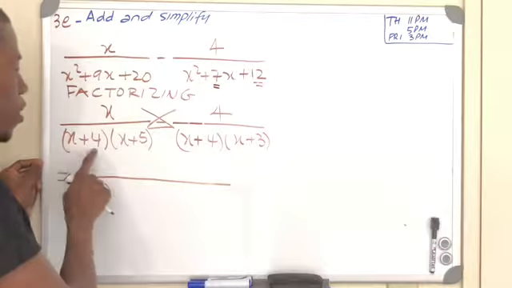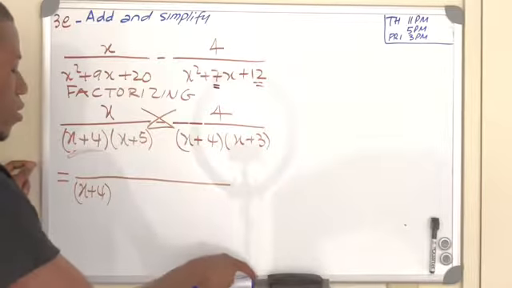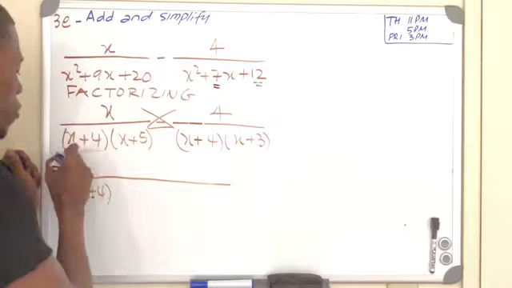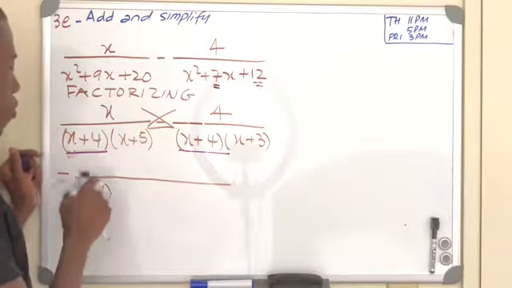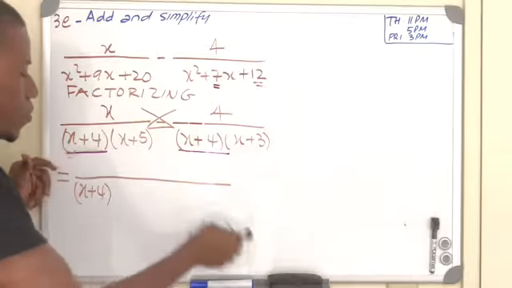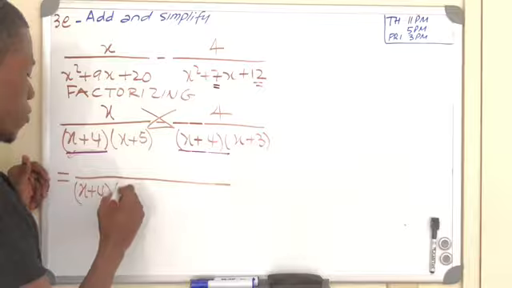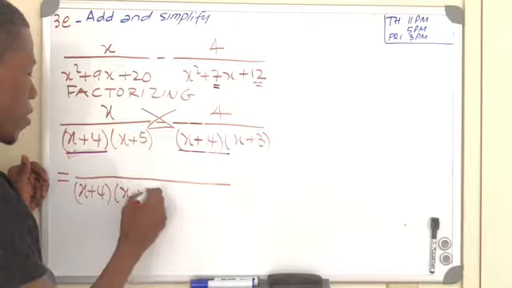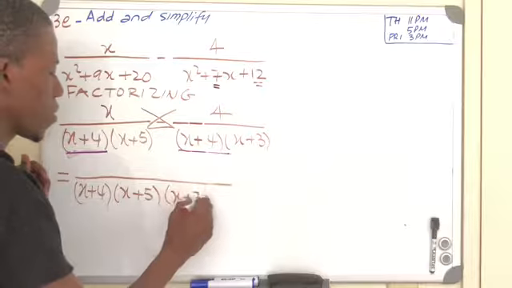You see x plus 4 here, you see x plus 4 there, I only write one x plus 4. This is not common, I have x plus 5, and this is not common, I have x plus 3.